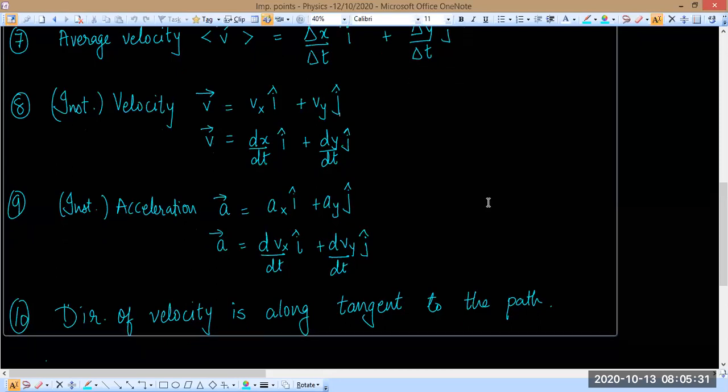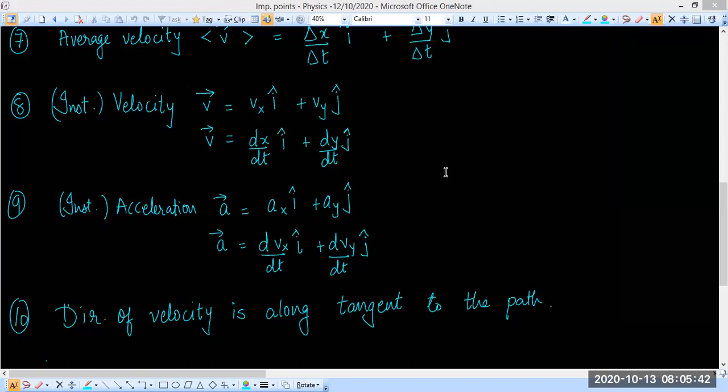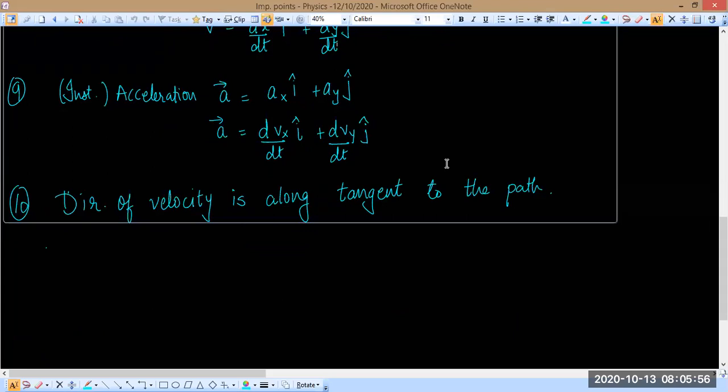And once again the key thing to remember is that the two axes are going to behave independently. That is, you can just consider this to be two different motions, one in x-axis, one in y-axis.